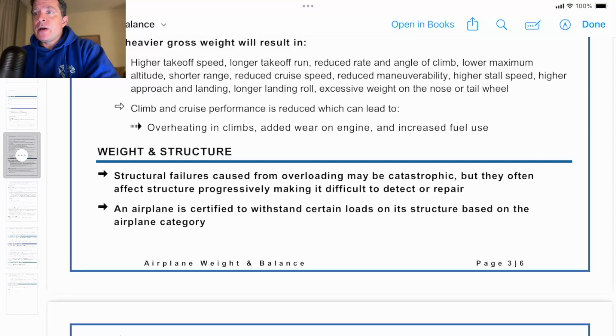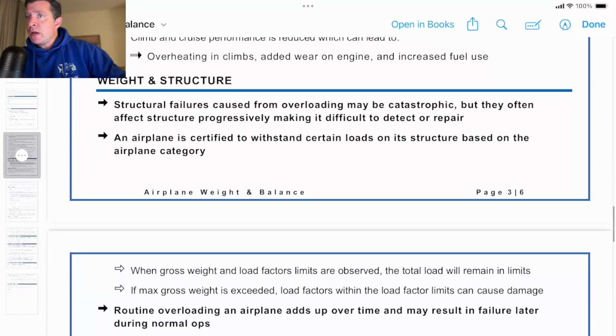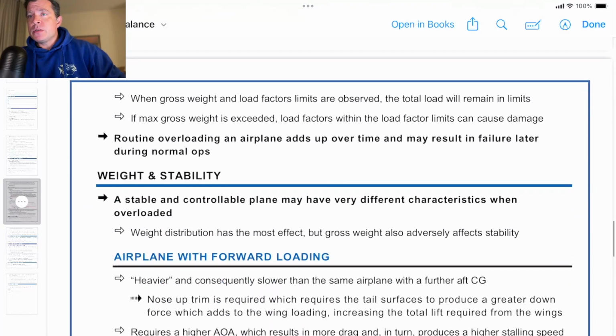So an airplane is certified to withstand certain loads on its structure based on the airplane category. So just keep that in mind, that when you might get away with it, you might be like, oh yeah, I'm within the center of gravity, I'm a little heavy, but each landing, that airplane's taking a pounding, all right? When gross weight and load factor limits are observed, the total load will remain in limits. So when you adhere to the load factor and the weight, you will protect the structural integrity of that airplane.